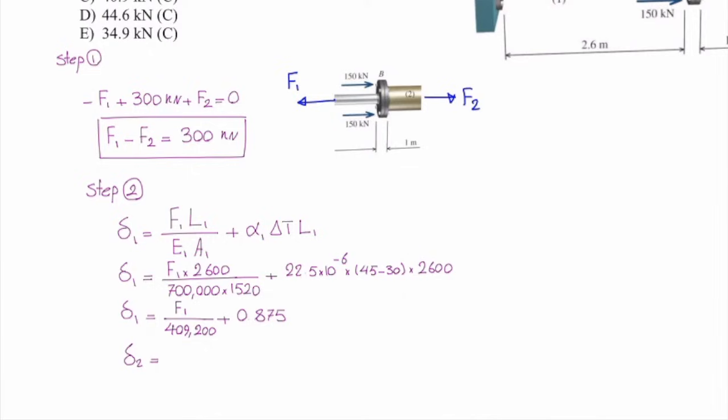I will do the same for delta 2. Delta 2 will be F2 times 1 meter. The module of elasticity is 100 gigapascal and the outside diameter is 124. Coefficient of thermal expansion for that is 16.9.